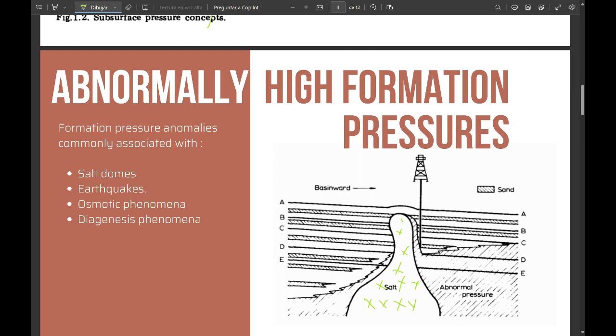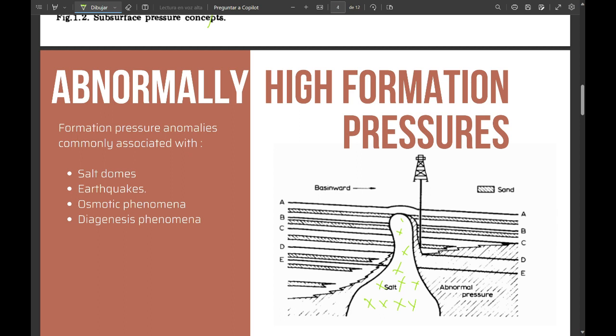Okay, and salt bodies can create overpressure zones in the surrounding formation. As the salt moves and deforms, it's going to trap the fluids. The movement of the salt can also cause faulting and fracturing in the surrounding rocks.